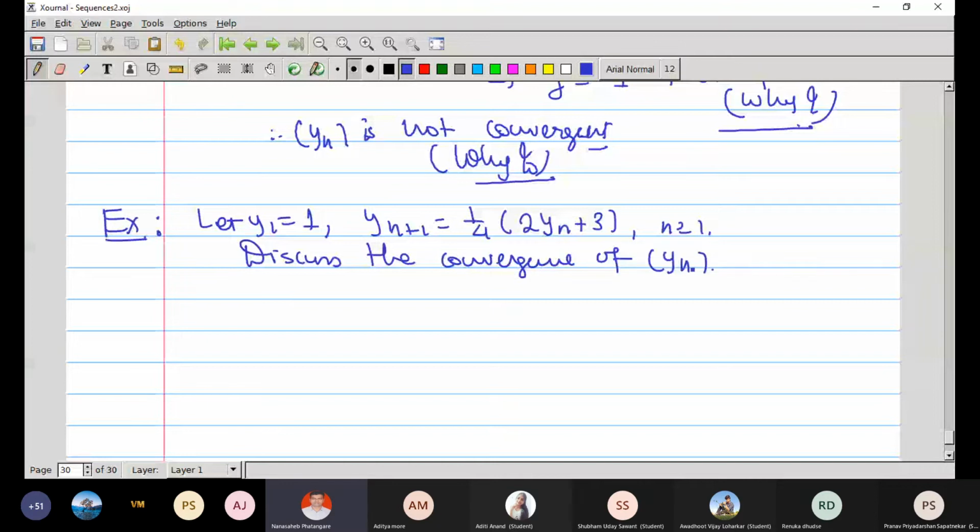Discussing the convergence means check whether it is convergent. But to ensure that it is convergent, check whether it is monotonic, increasing or decreasing. If it is increasing, check whether it is bounded below or bounded above. Right? And then say whether it is convergent or not.